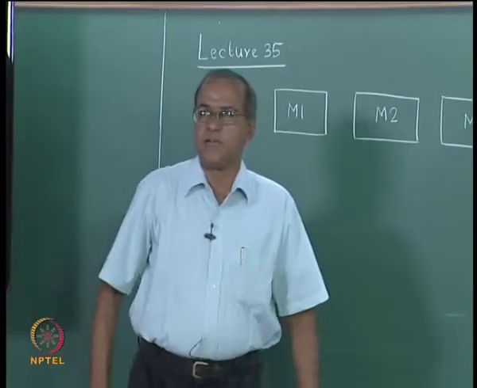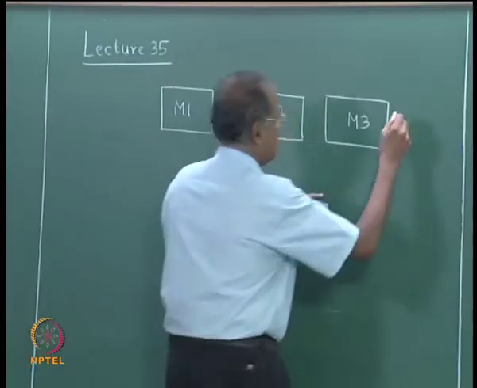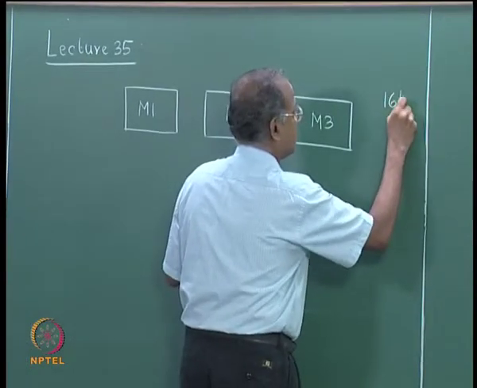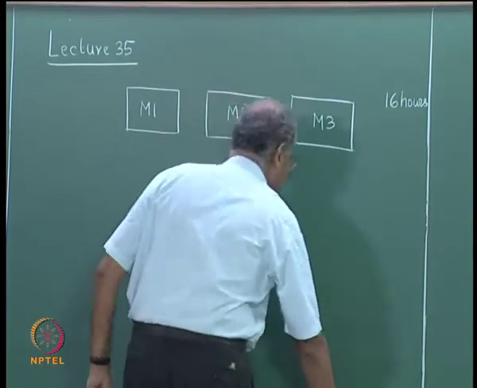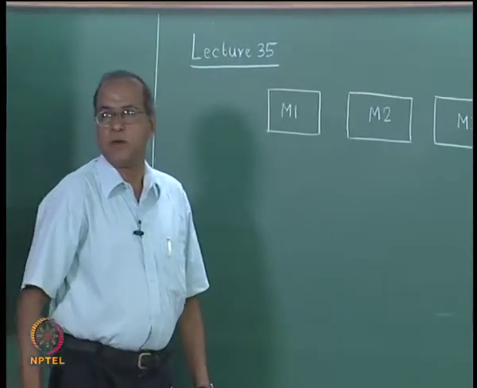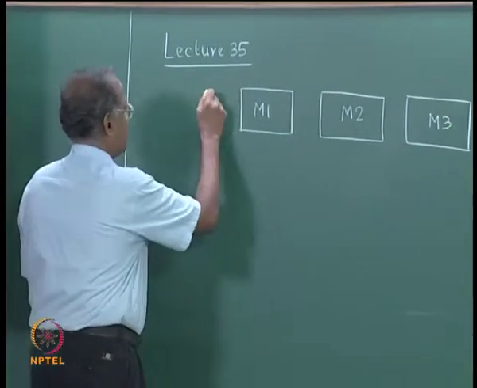The time available is 16 hours on each of them. Two products, P and Q, are made through these machines.